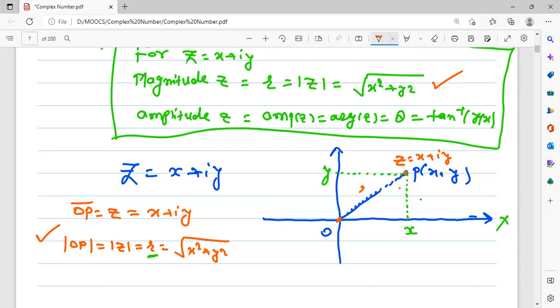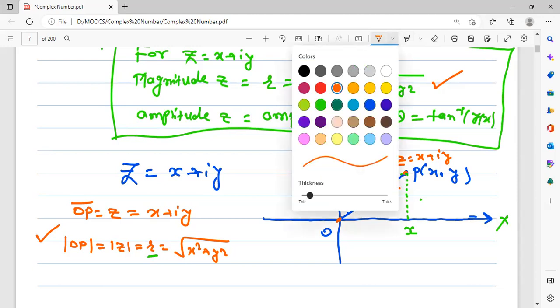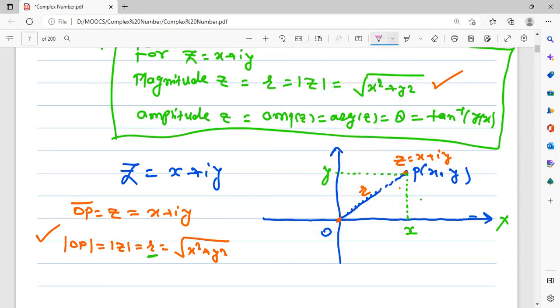And the angle between this OP and the positive x-axis, I will call theta.